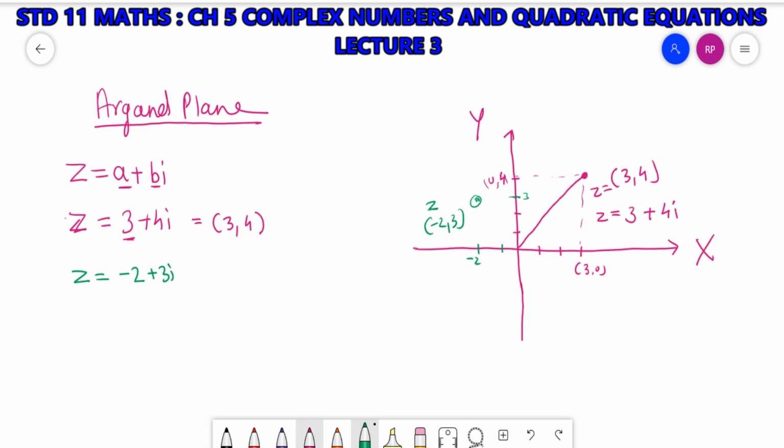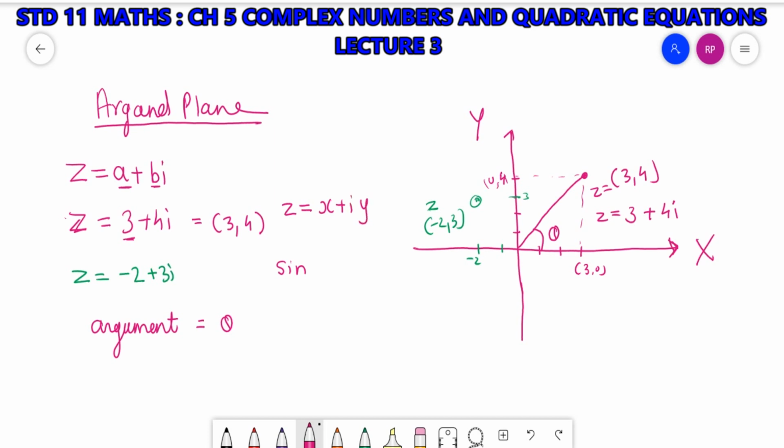Now, about the argument. Argument is the angle that the complex number is making with respect to positive direction of x-axis. Okay, so if argument is theta, right, let's say that z is equal to x plus iy.